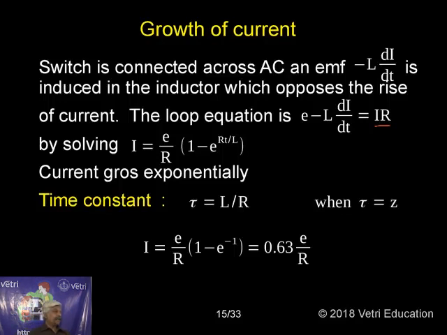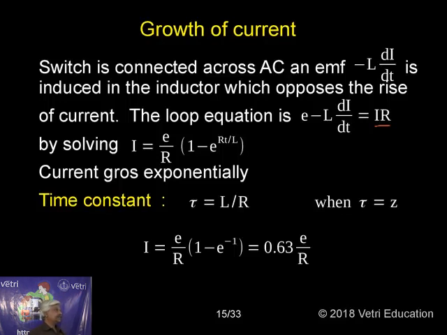Because of it, the induced EMF in the coil, minus L di by dt, equals IR. If A is connected to C, the current I flowing through the resistor R gives the EMF I into R.